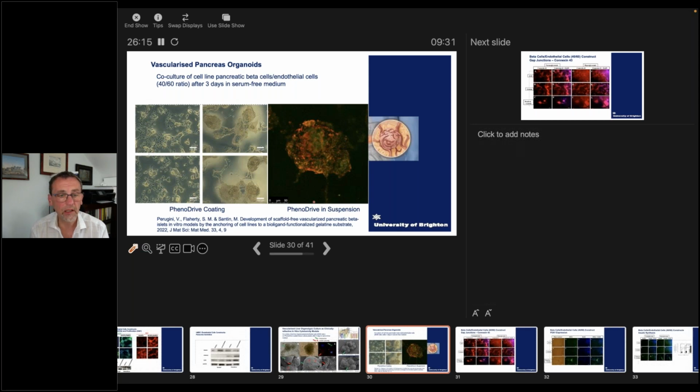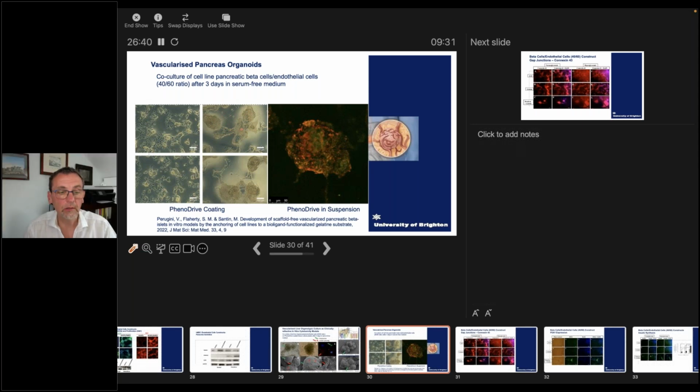Very interestingly, we were able to use PhenoDrive in two conditions here. One is what we are now familiar with, the coating of tissue culture plastic, where we had the endothelial cells forming the sprouting and the pancreatic cells forming spheroid-like structures on top of these tubuli-like structures.